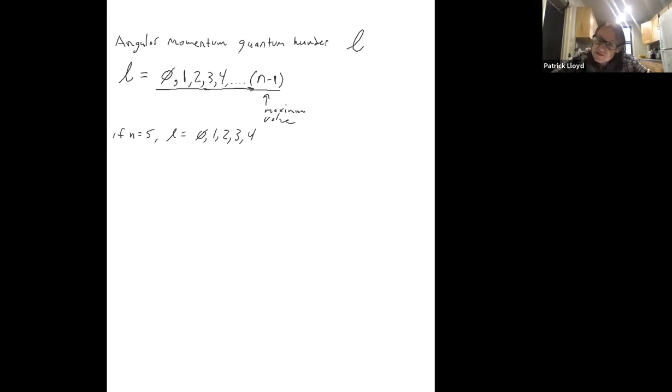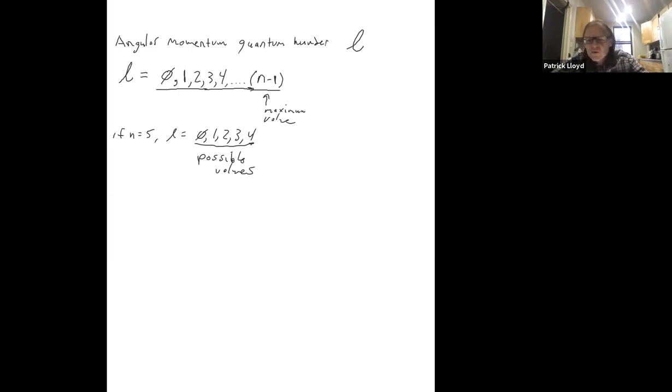Because n-1 is 5-1, which is 4. So that would be our endpoint. So these are all possible values. That's another aspect of these quantum numbers you have to become comfortable with, that for a given value of n, you can have multiple values of L, okay?